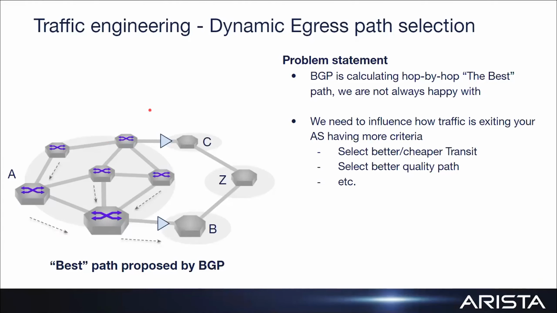We all know dynamic routing protocols calculate paths hop by hop. Specifically, the BGP algorithm is very flexible, but we are not always happy with the best path proposed. Often we would like to add more parameters to the equation, like a better, cheaper transit provider, or maybe a better quality path, and then we need to force traffic using a different path.